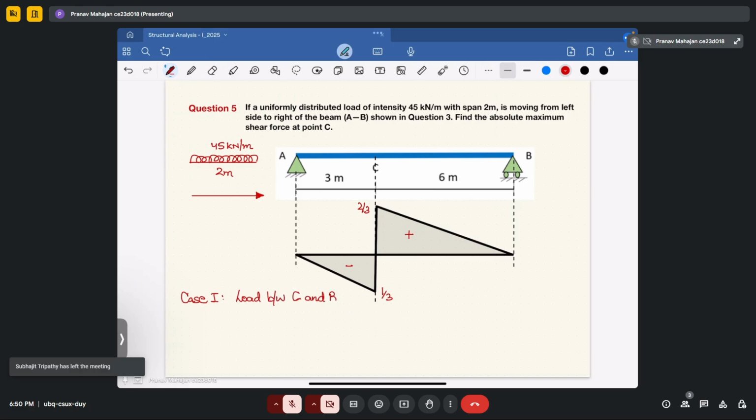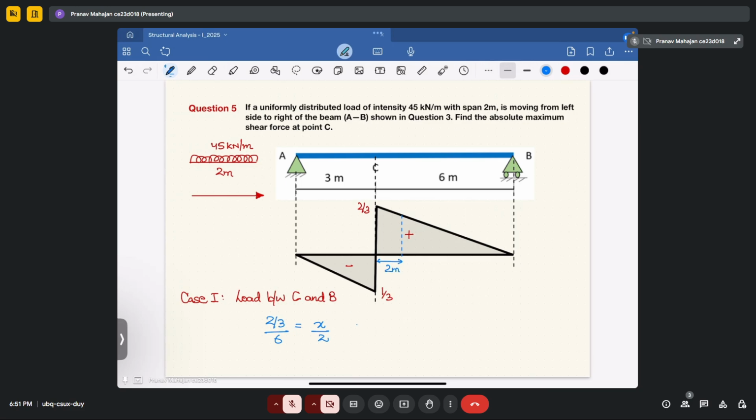So in this case, again we have to use, let me draw with the dotted line, the principle of similar triangles. So what you will get? 2 by 3, what is the total length? 6, is equal to x upon, what is the distance? This distance is 2 meter.